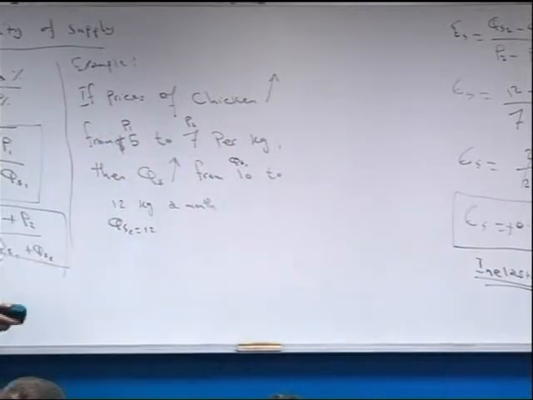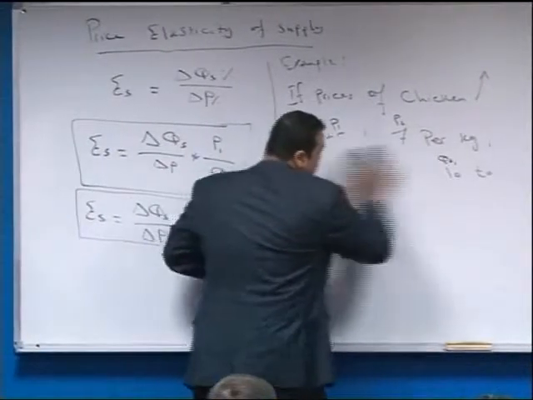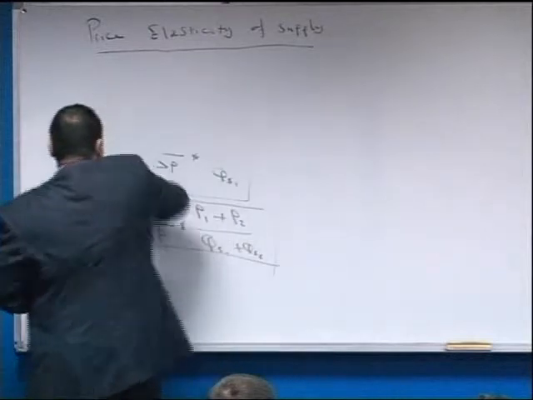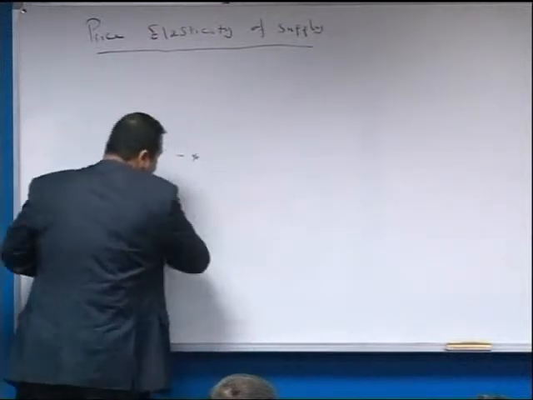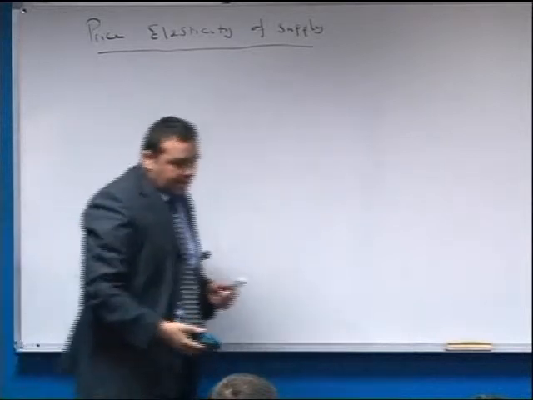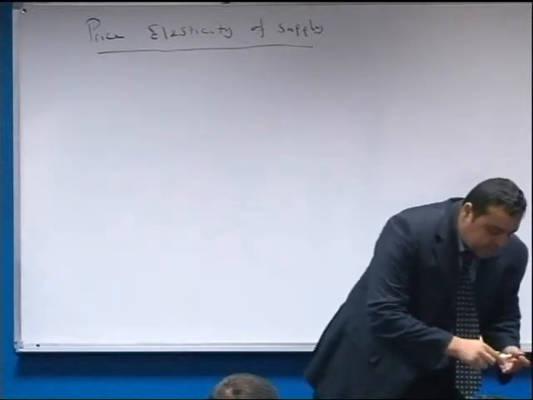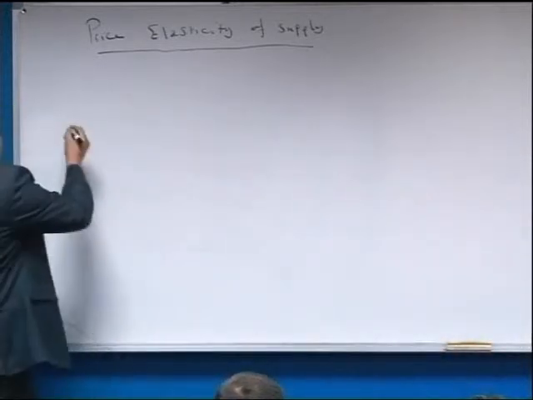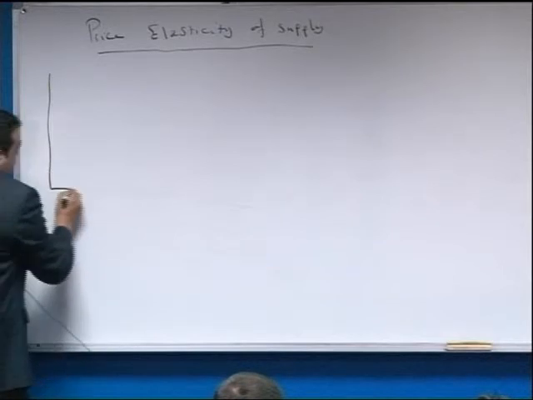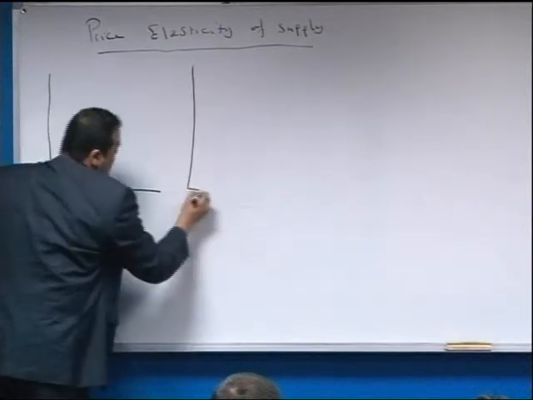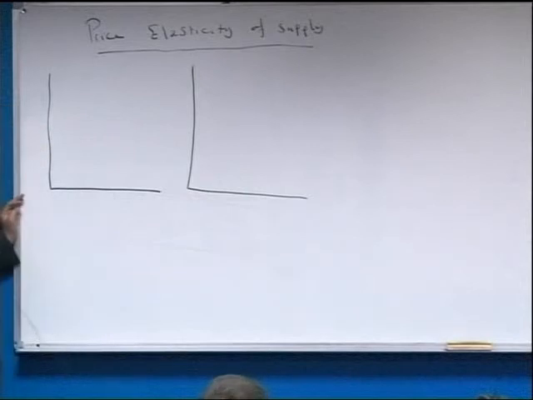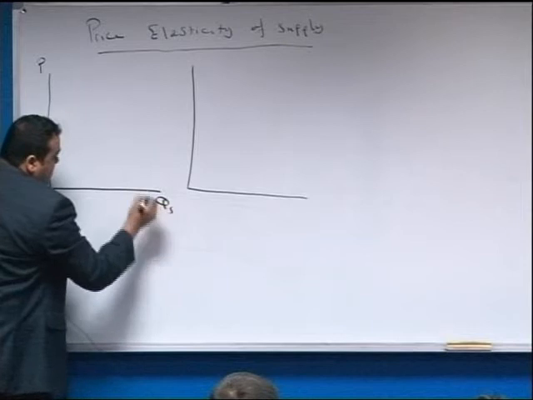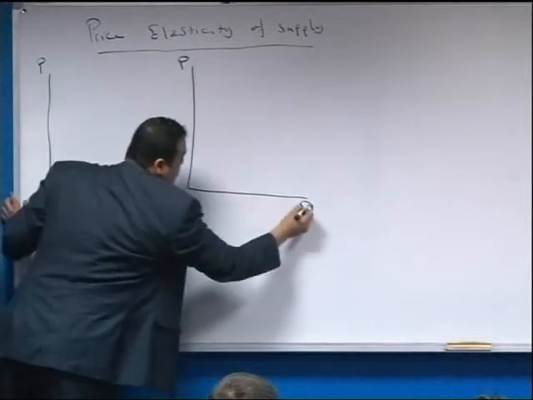Okay, let's analyze the different cases of the price elasticity of supply: when supply is elastic, inelastic, unitary, and perfectly elastic and inelastic. We have 5 cases. Price, quantity supplied.